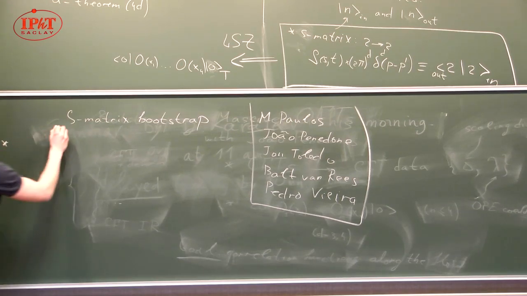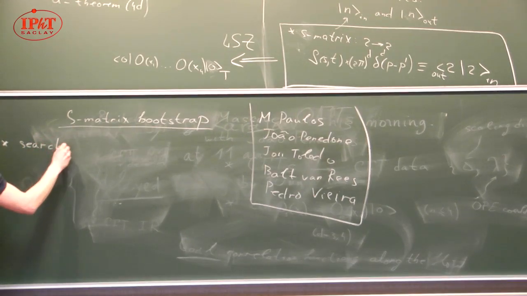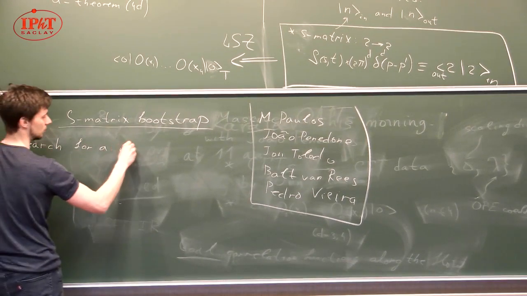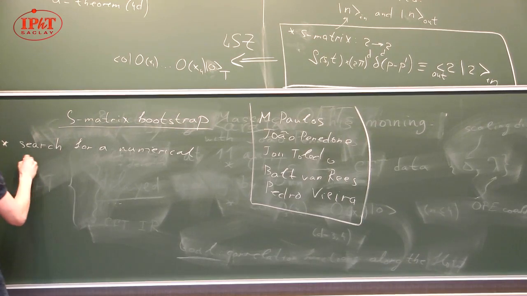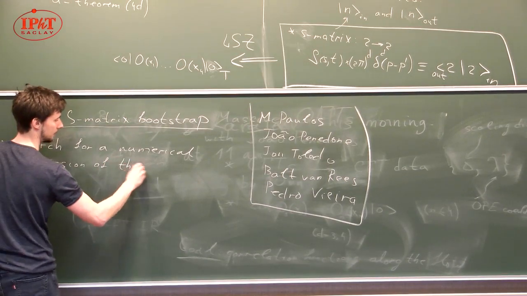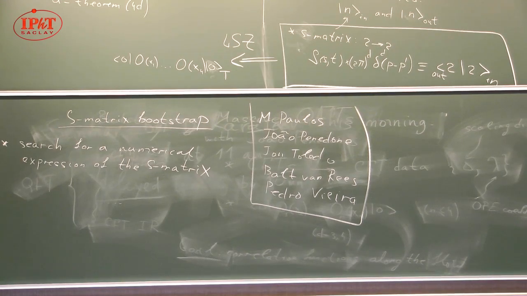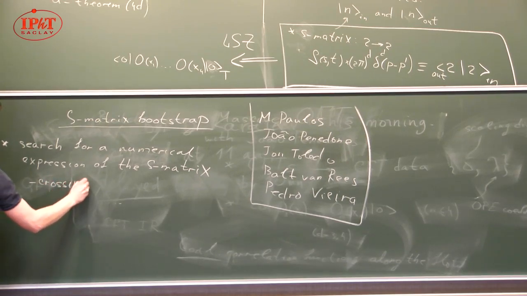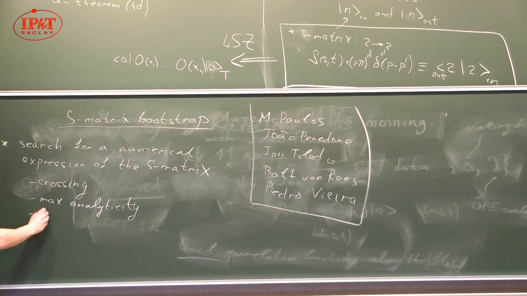I'll try to formulate it in the following way. What we would like to do is to search for a numerical expression of the S-matrix given three conditions, which are standard assumptions which we use: crossing symmetry, maximal analyticity, and unitarity.